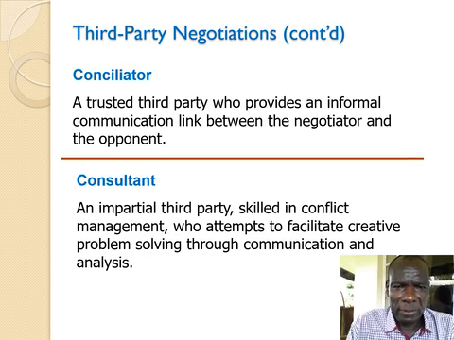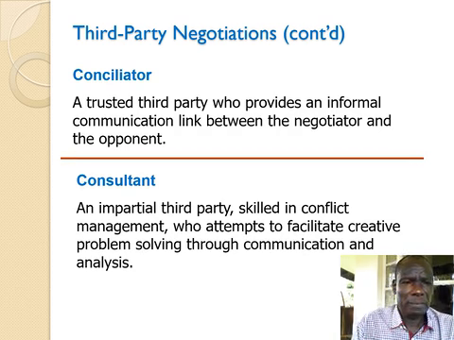He provides an informal communication link between the negotiator and the opponent, back and forth, trying to bridge the gap, trying to bridge the impasse, and so on. And there is also this final group called the consultant, which is an impartial third party, skilled in conflict management, who attempts to facilitate creative problem solving through communication and analysis.